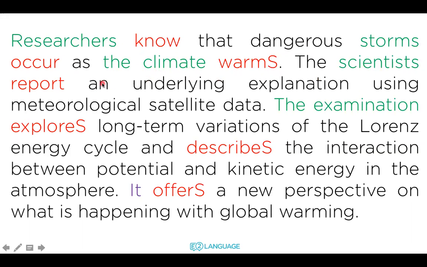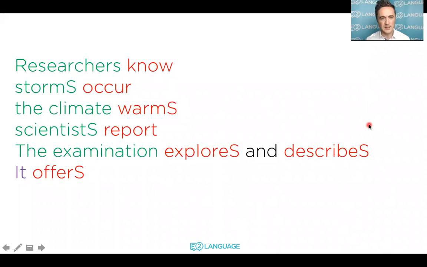The scientists report. The examination explores and describes. It offers. It is one thing. It offers. They offer. Cool. Let's have a look. Researchers know storms occur, the climate warms, scientists report, the examination explores and describes, it offers.